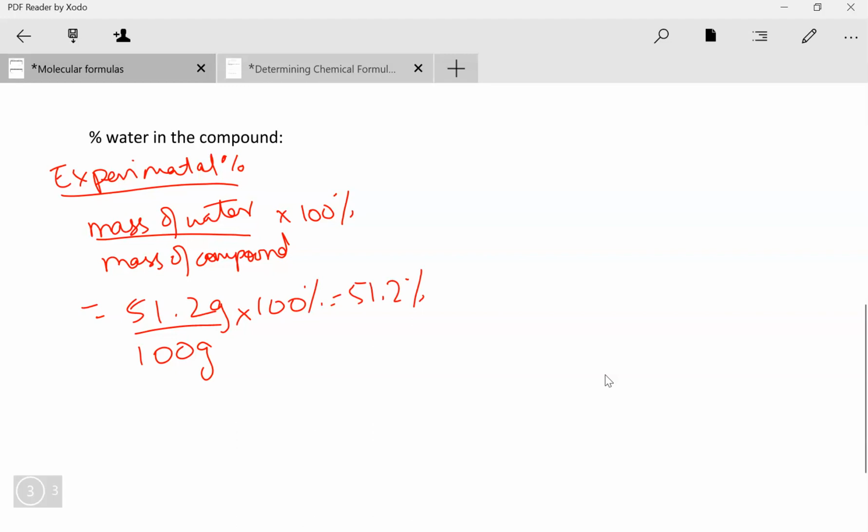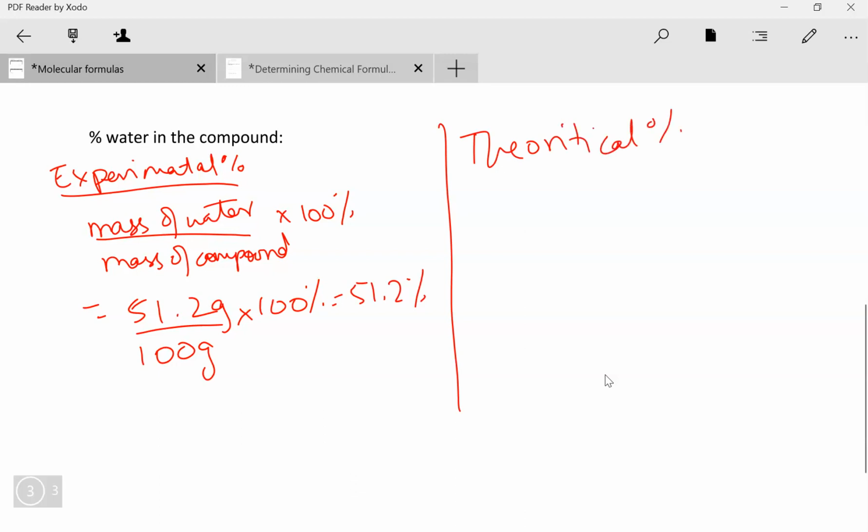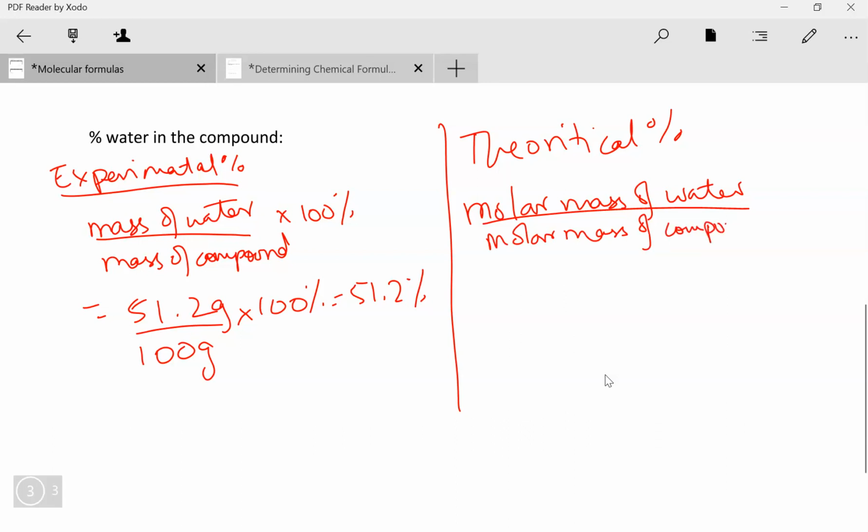And then we will do our theoretical percent, which is a little bit different because we are using the molar mass of water divided by the molar mass of compound, times 100%.